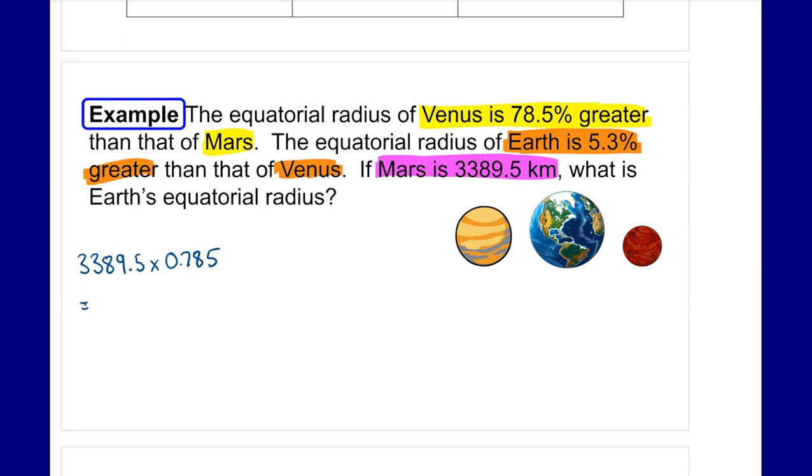So that means that 78.5% of Mars' equator or radius gives us a value of 2,660.76, or round it to one decimal place, 2,660.8. Now we need to add that to Mars's radius, because it's greater than.